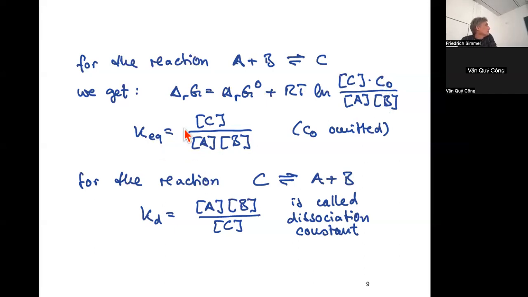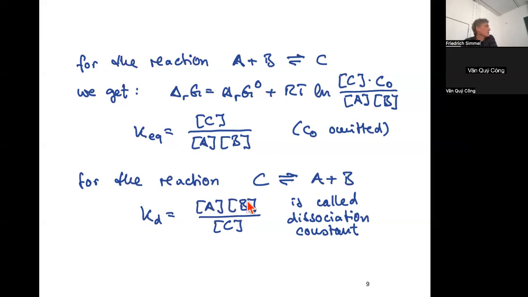So in many cases, we look at such a reaction from the opposite side, because it's often important to look at the degradation or dissociation of a complex into its parts, and then you actually look at the complex C in equilibrium with its dissociation products, and then you actually look at the inverse of this equilibrium constant, and this is the so-called KD, or the dissociation constant of the reaction. And you see that the KD now has units of a concentration.